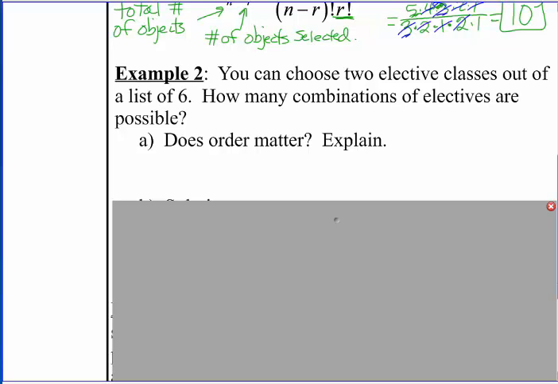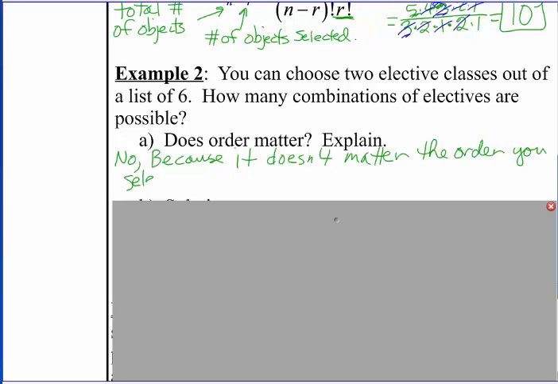In this case, order does not matter. So no, the order does not matter because it doesn't matter the order you select your electives as long as you get the electives you want.